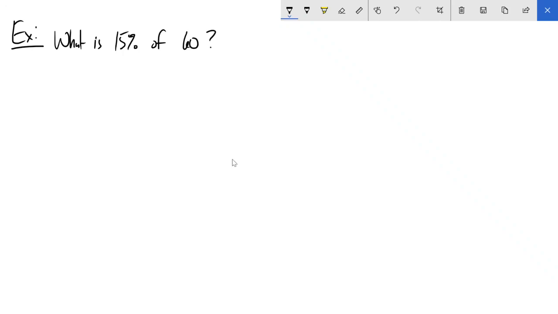How do you calculate the percentage of a number? Well, I'm trying to find 15% of 60. I'm not trying to figure out what percentage of 60 15 is.